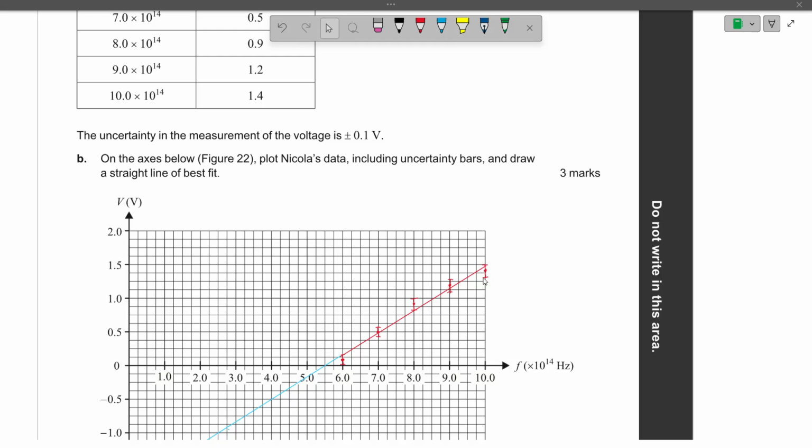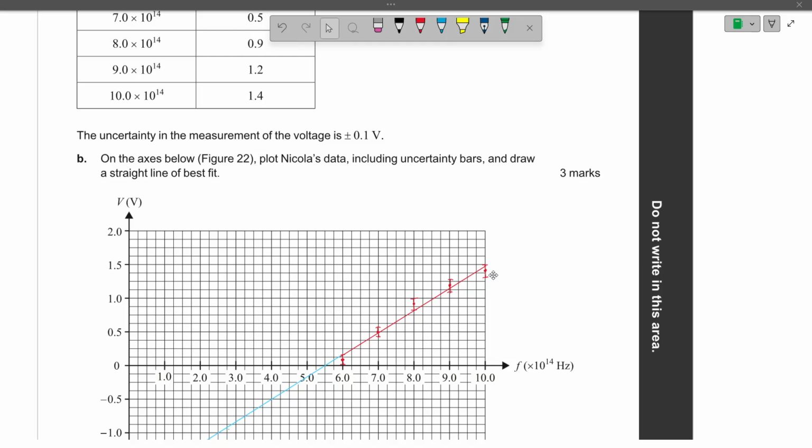The second thing we need is our line of best fit. Now, lines of best fit, you need to account for all of the error bars. Okay, you don't just go through the first and last. For some reason, a lot of people seem to think you only have to go through the first and last pairs of error bars. You kind of have to go through all of them.